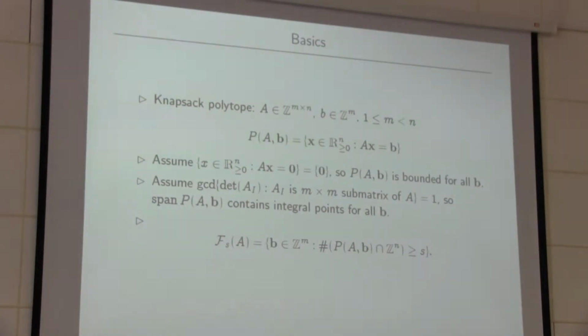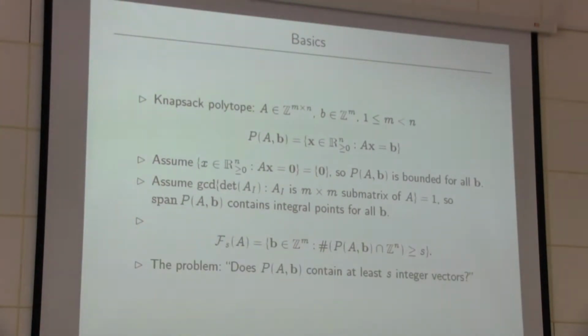Alright, so we are going to associate with the Knapsack Polytope a special set which will be denoted by F_s of A, which will consist of all integer vectors b, so the right-hand side of our equation, such that the Knapsack Polytope associated with A and b contains at least s integer points.